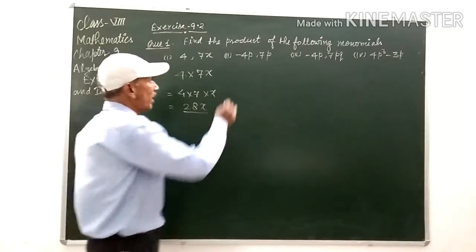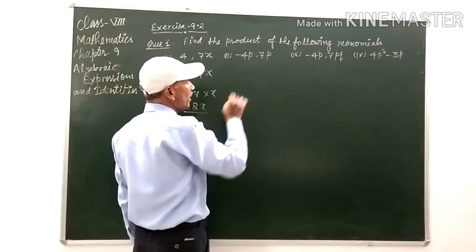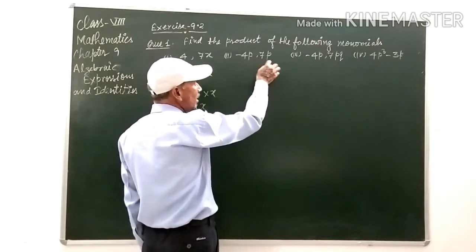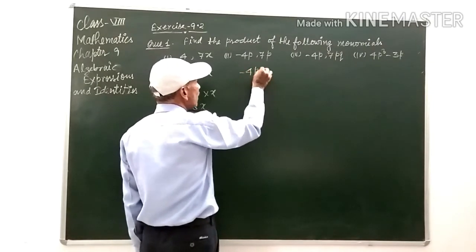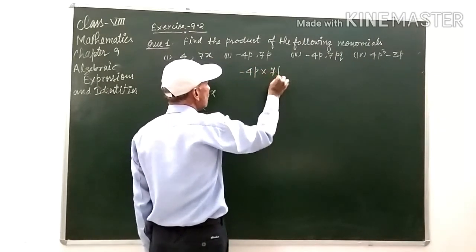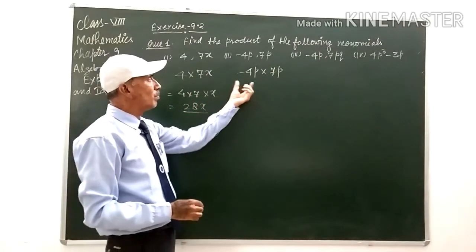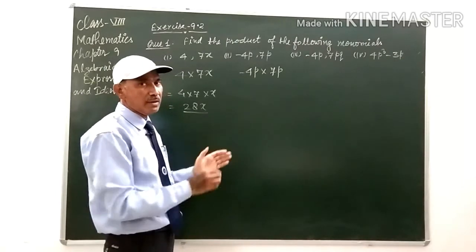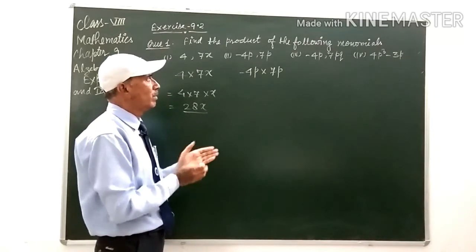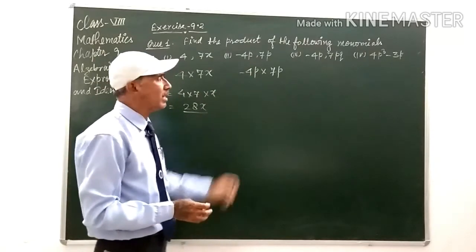Okay, students, and in this, minus 4p and 7p, minus 4p into 7p. Students, first of all you have to multiply numbers with numbers and variables with variables, and constant terms. 4 and 7 are the numbers.